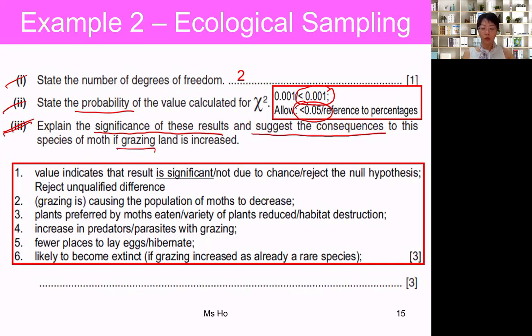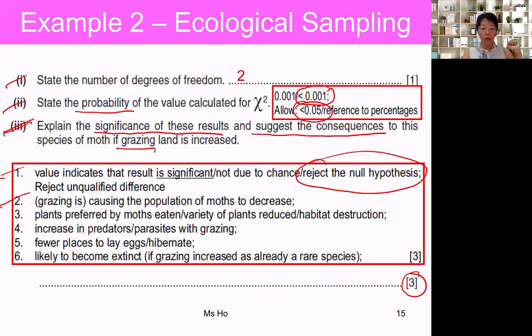Okay, so 3 marks for conclusion. So first thing you have to do is that, okay, there is 95% confidence. You need to write up. There's a 95% confidence that there's significant difference between grazing and not grazing on the moth population. Okay, and you can also say that you reject the null hypothesis.